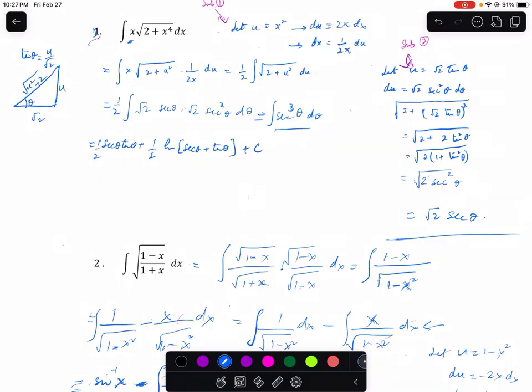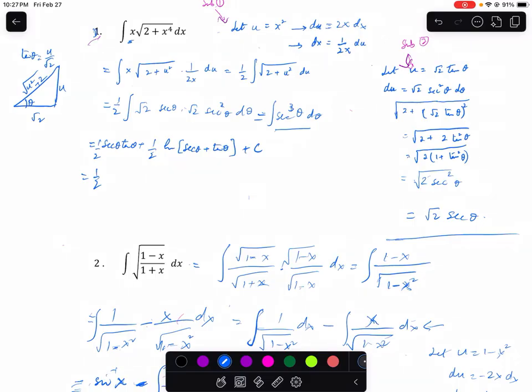With this triangle I can see everything. So it will be 1/2. Now secant theta is 1 over cosine. Cosine is going to be square root of 2 over square root of u squared plus 2.